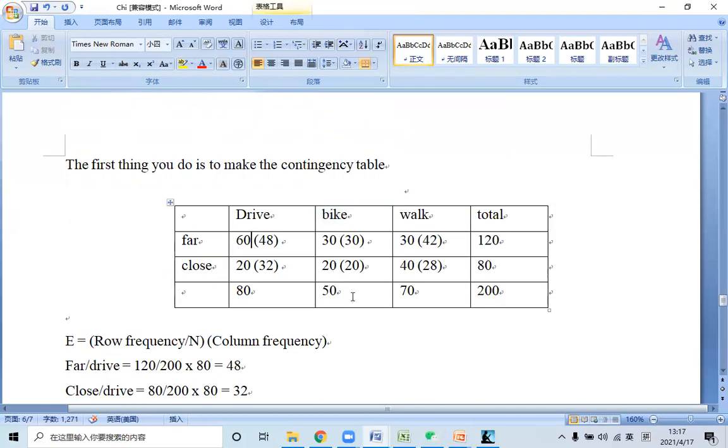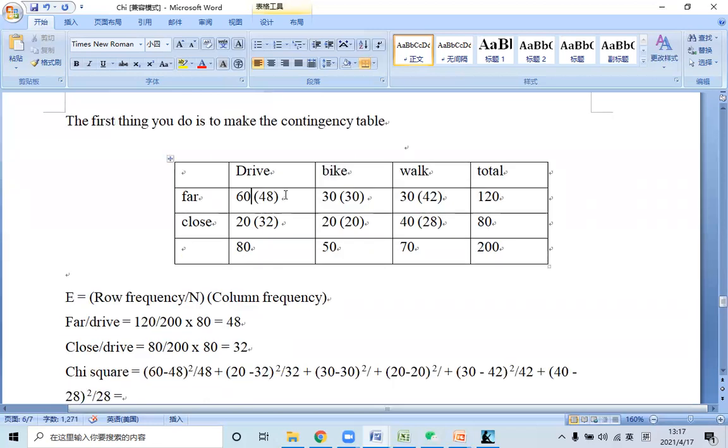So we know the observed value, but we need to calculate the expected value. The expected value is based on the assumption that the two variables are not dependent. It's based on the assumption that people's ways of transportation would be independent from how far away they live from work.